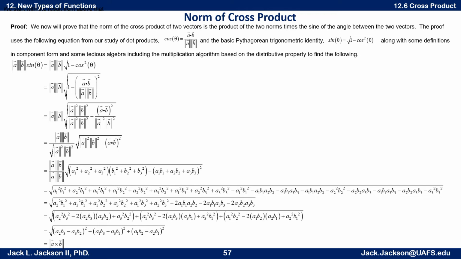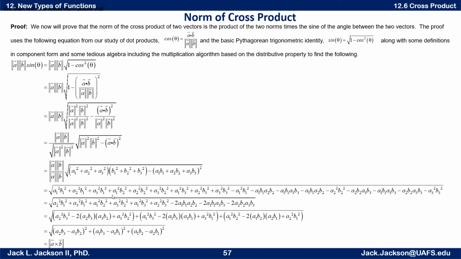Okay, so now the good news is it starts to get a little better. It turns out that all the ones that are just squares here, they cancel out. So see if I can show that to you. A1 squared B1 squared here cancels with the minus version there.